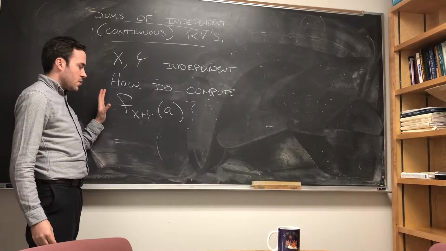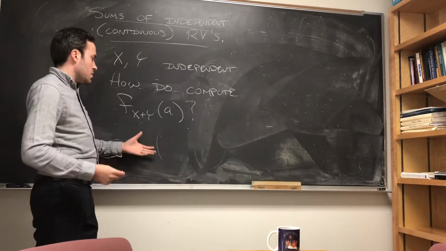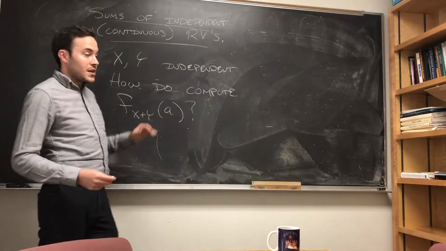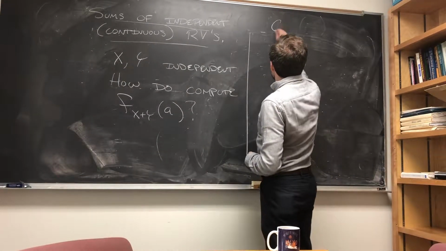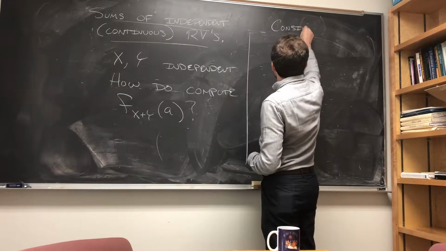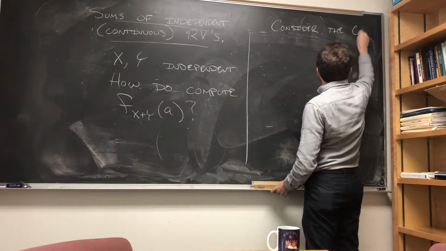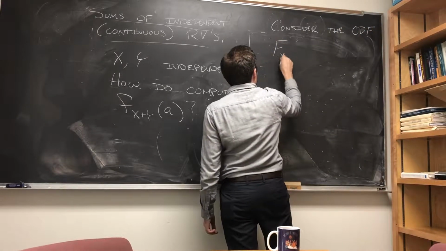Well, the way that we go about it is a way that we've done many times in the past. What we're going to do first is, instead of considering the PDF by itself, we're instead going to consider the CDF, the cumulative distribution function. So consider the CDF using our standard notation.